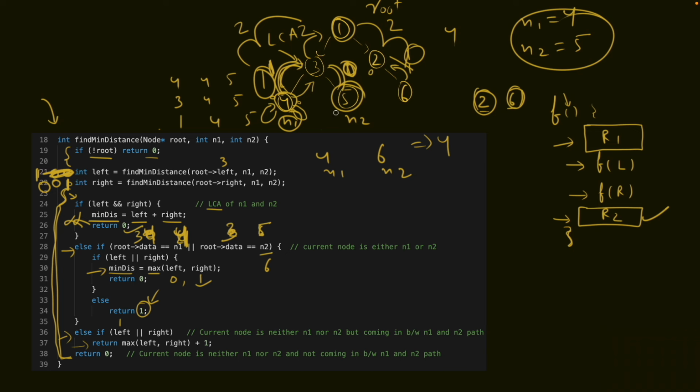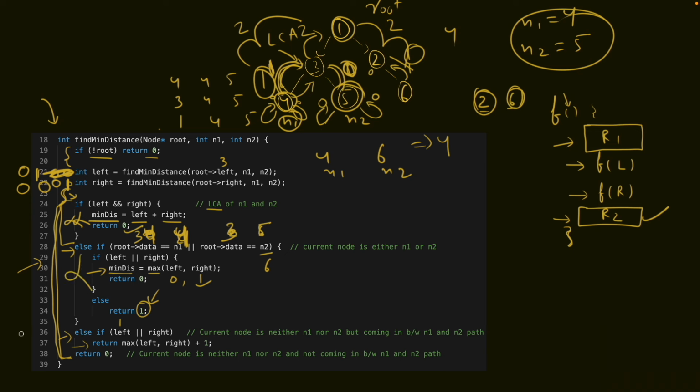So for left you would receive 0, and for right also for this node you will receive 0. So left and right both would be 0 and 0. So you are not going to go inside this condition because you are not having both true. You are not going to enter into this else if also because root's data is currently 5 and we are looking for 4 or 6. So this is not getting true in either of the cases, so you will not go inside this also.